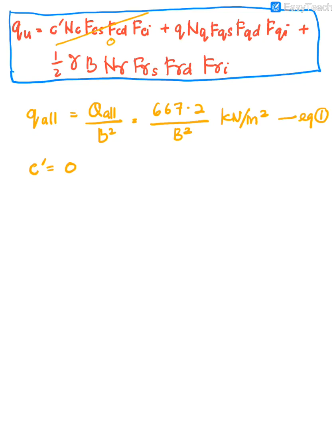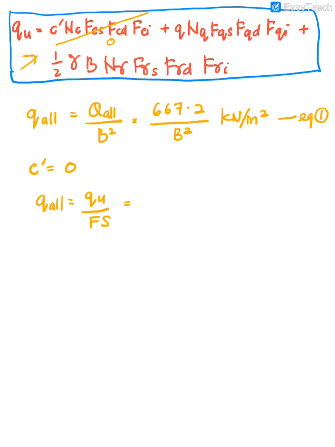Then you calculate q allowable using the other equation, q allowable equal to qu over FS. So qu is the general ultimate bearing capacity.